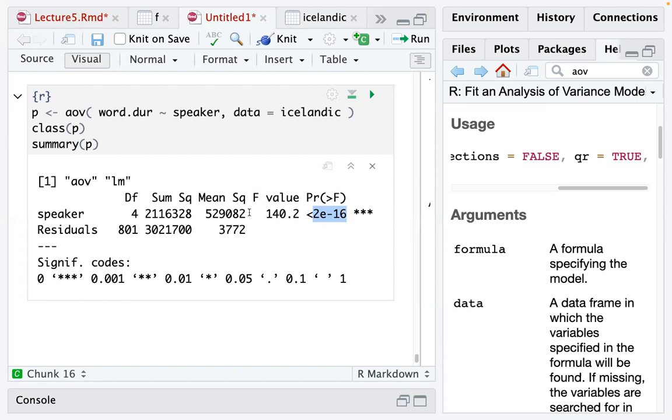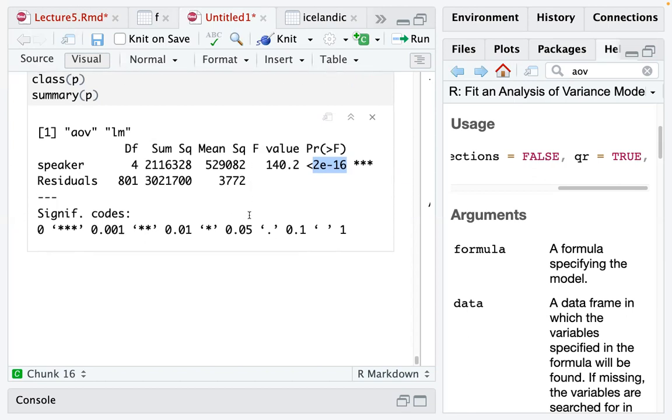So the duration of the speaker saying a word differs; they're not all the same means.